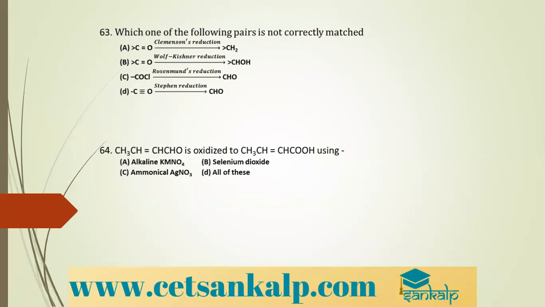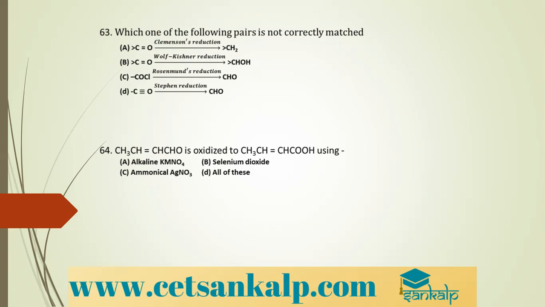Moving to the next question. Which one of the following pairs is not correctly matched? So look at the first reaction. Aldehyde or a ketone on Clemmensen's reduction gives us an alkane. That is correct.